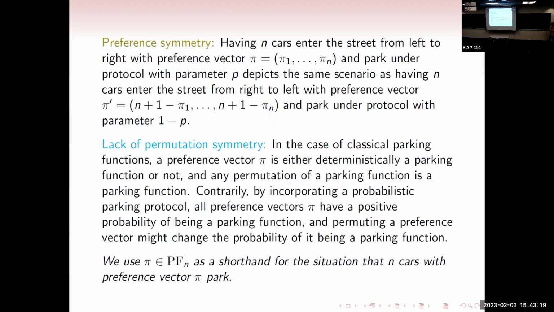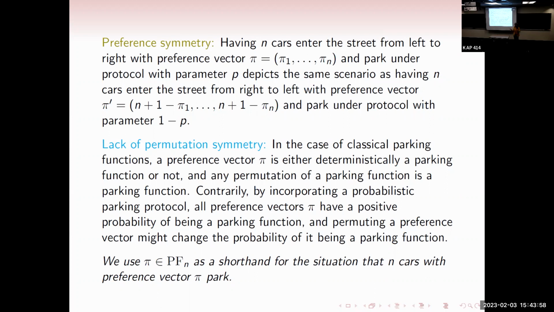What is special about this is that there is now some nice symmetry embedded here. One is that we now have preference symmetry. The cars directly parachute down to their preferred spot. If the cars drive forward with probability p and backward with probability 1 minus p, it's like cars entering from the other end of the street, with forward probability 1 minus p and backward probability p.